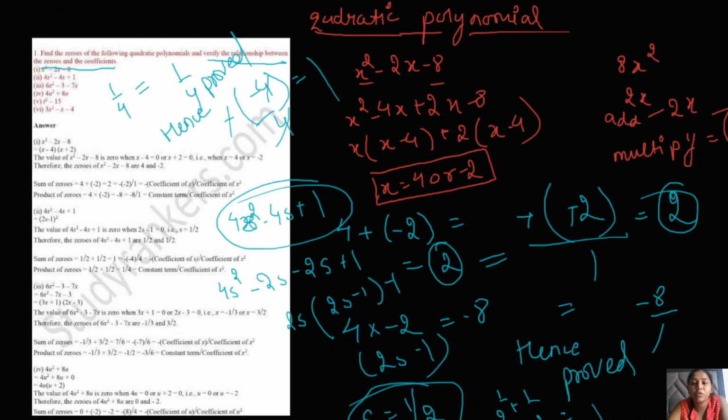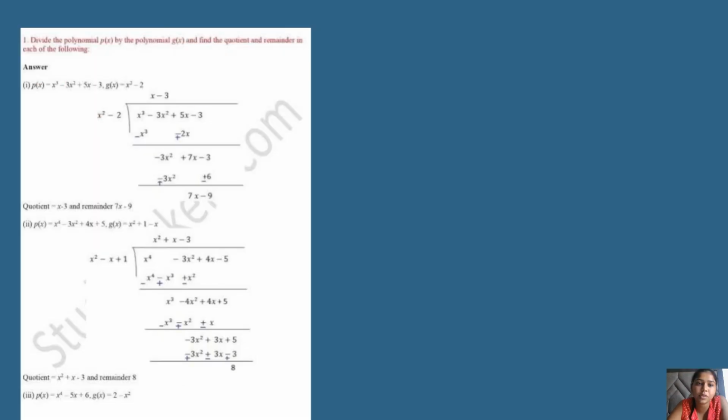That is, the sum of the zeros will be equal to minus b by a, where b is the coefficient of x and a is the coefficient of x square. Similarly, the product of the zeros equals c by a, where c is the constant term and a is the coefficient of x square. I hope it is clear to you now. In case of any problems you can let me know.